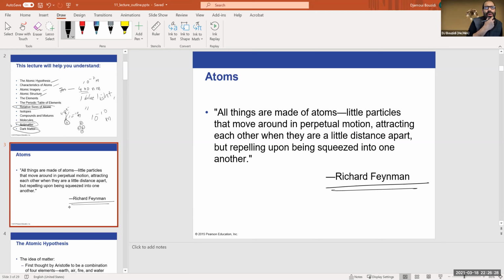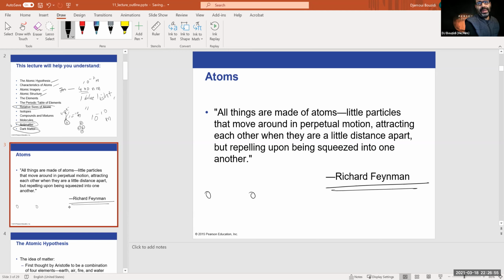So one of the things he said is that all things are made out of atoms, little particles that move around in perpetual motion, they never stop, attracting each other when they are a little distance apart, but repelling one another when you squeeze them too close. This is the model for the next 3 chapters.